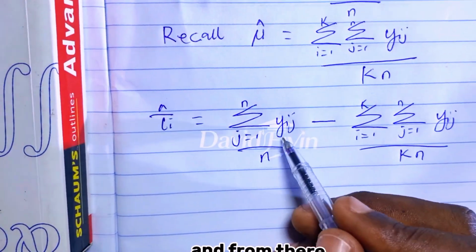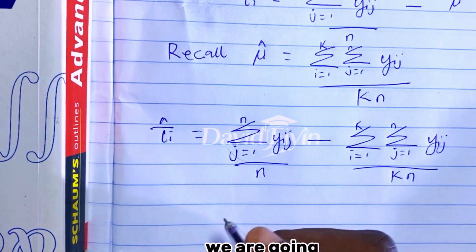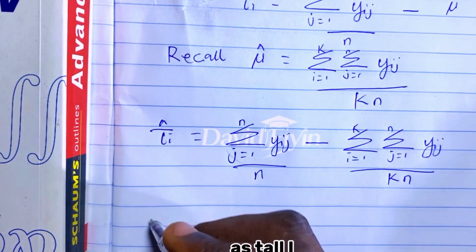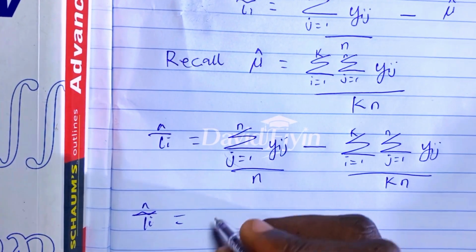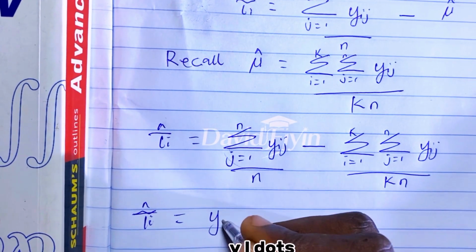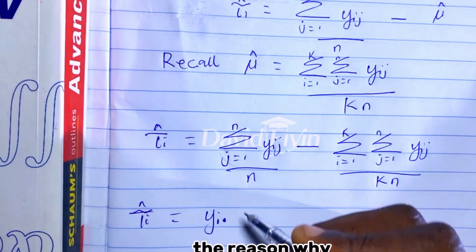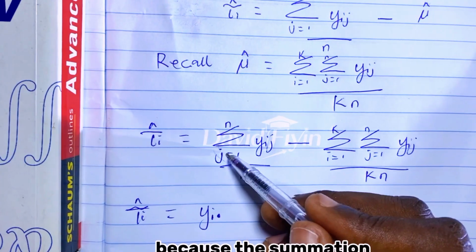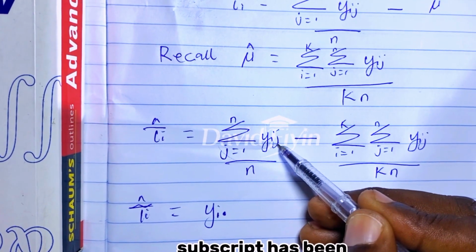In order to write this in a short form, we have tau i equals yi dot. The reason it is yi dot is that this dot represents a sum. The summation is only over j, so this j subscript has been summed.